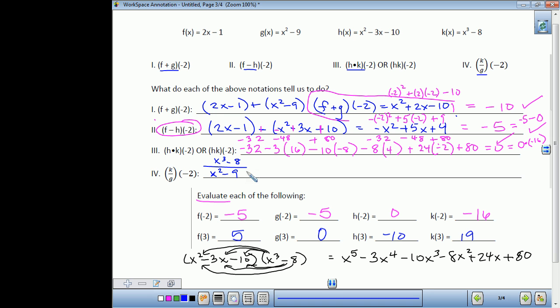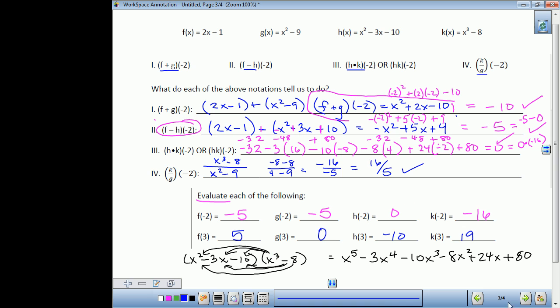So if we were just showing division, we would have to say x cannot be positive or negative 3, because that would make the denominator equal to 0. But luckily here we're just evaluating. So let's plug in negative 2, and we get negative 8 minus 8 over 4 minus 9. So we get negative 16 over negative 5. Do you see, if I did k of negative 2, negative 16, over g of negative 2, negative 5, I'd get the same thing? Yes, 16 fifths.